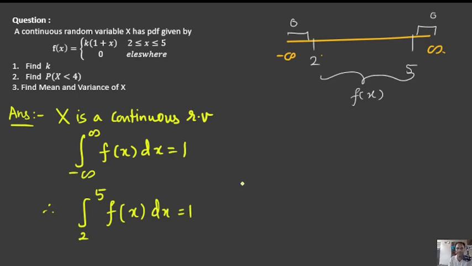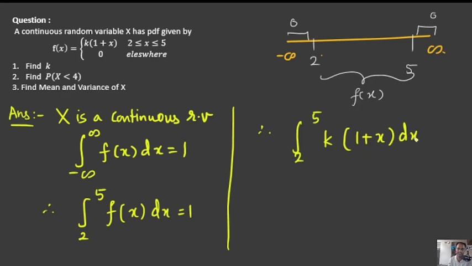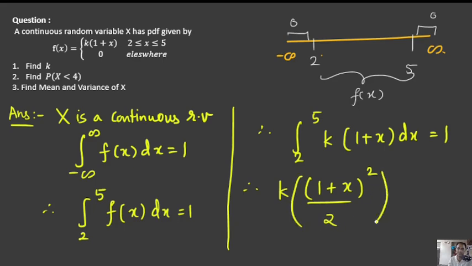So now when we integrate here, what do we get? Let us see. Integration from 2 to 5 of k times 1 plus x dx is equal to 1. Now when we integrate, we get k, and this integration you can write directly, that is going to give you 1 plus x the whole square over 2, from 2 to 5, and here is 1.